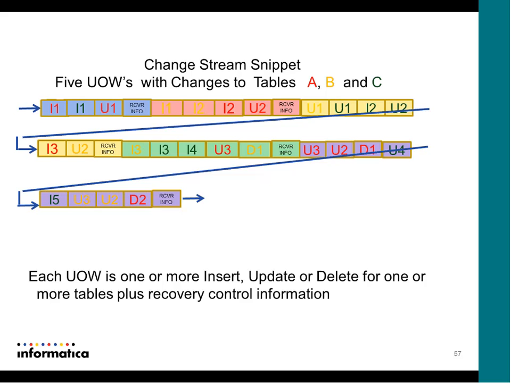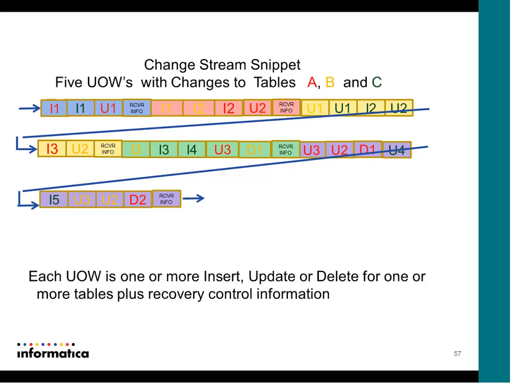So even though these were transactions that overlapped and occurred on the source database, the way they're actually processed by the PowerCenter session is a record at a time and a transaction at a time.